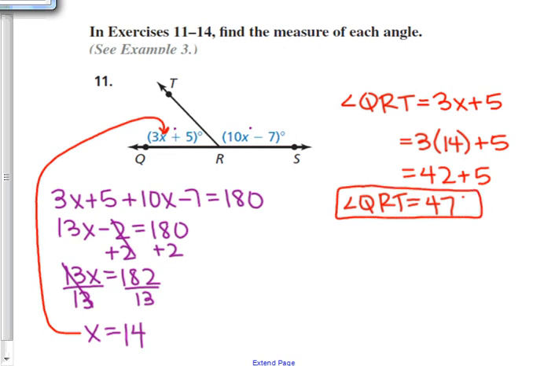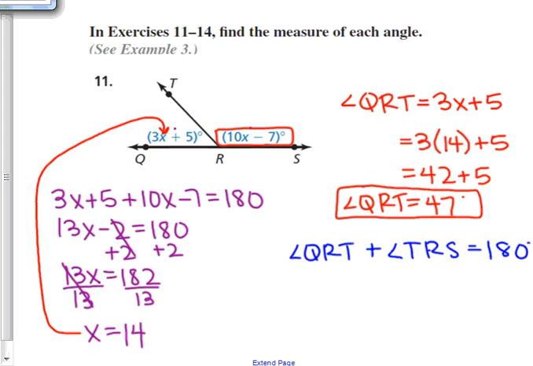Now, instead of doing all the math over again and plugging it in for this equation, if I know that those two angles are supplementary and they add up to 180, I can say angle QRT plus angle TRS has to be 180 degrees when I add those together.